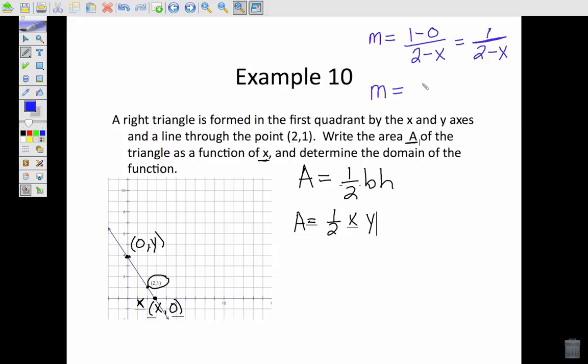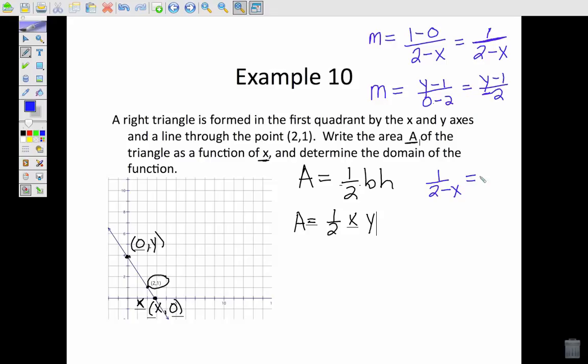If you have the slope of the line, it's going to stay the same throughout the whole problem. So you have y minus 1 over 0 minus 2. I just did rise over run. You get y minus 1 over negative 2. Now what we know about both of these is that they're both the slope. That means they're equal to each other.